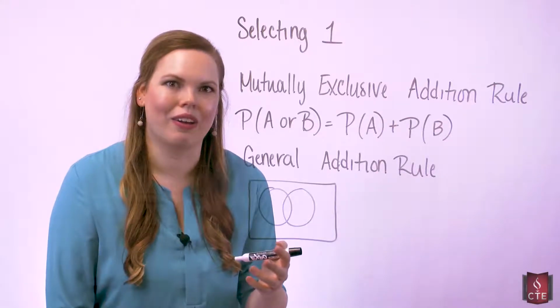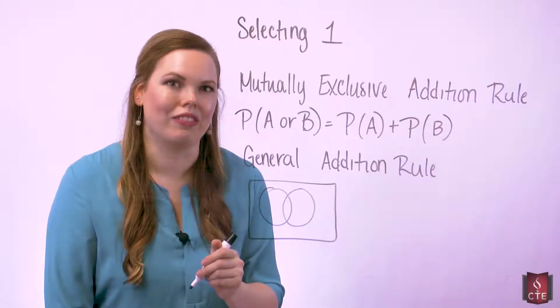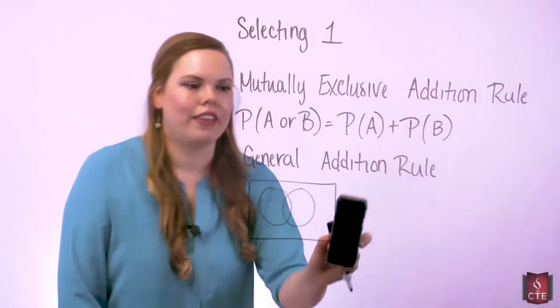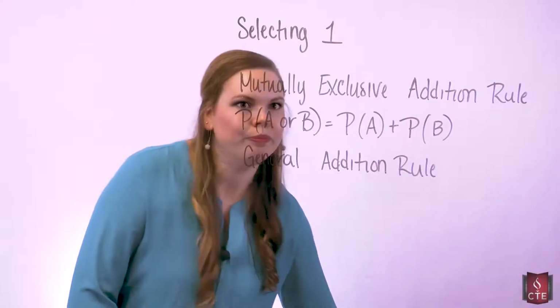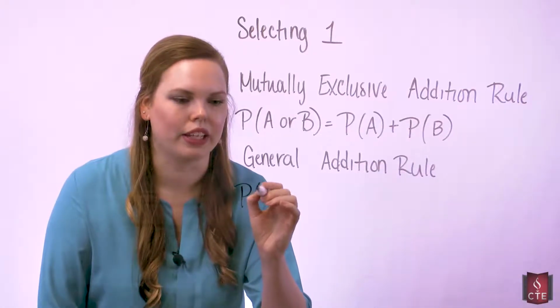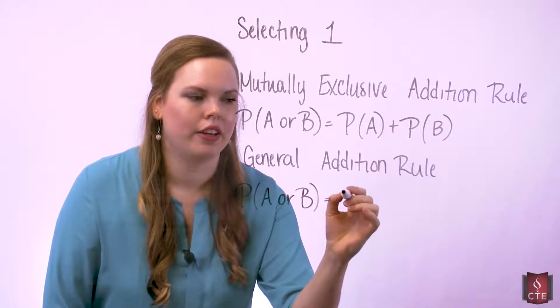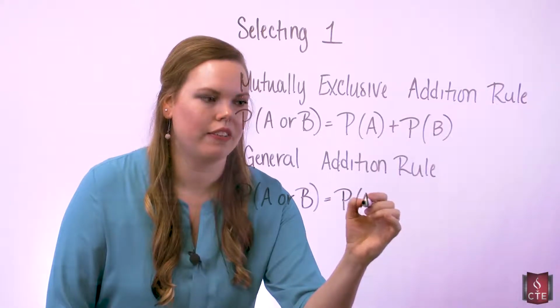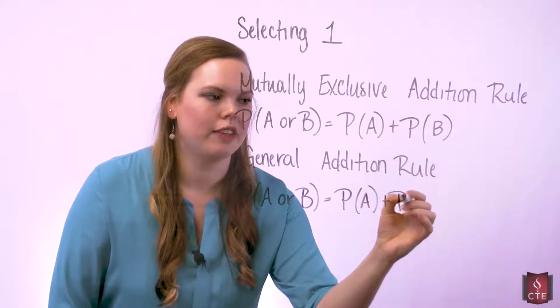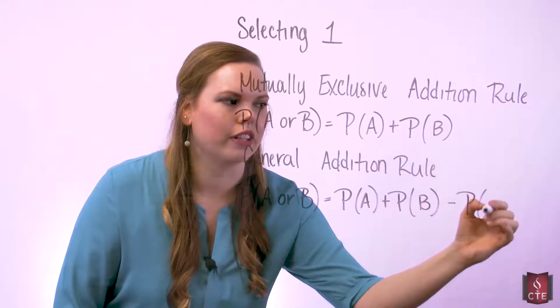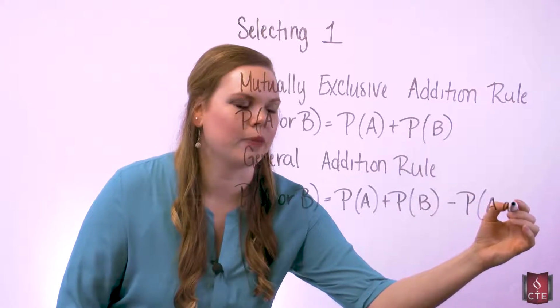Still only selecting one card, but you've got a compound event happening and there's an overlap between the two. If that happens, then the probability of A or B, we find it by taking the probability of A, adding the probability of B, and then subtracting that overlap between the two events, A and B.